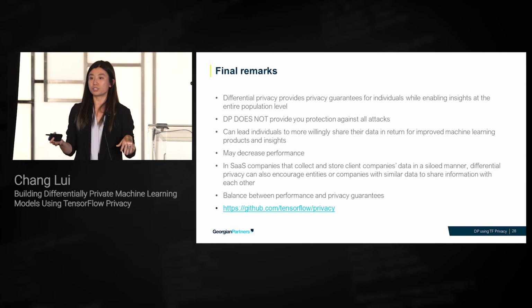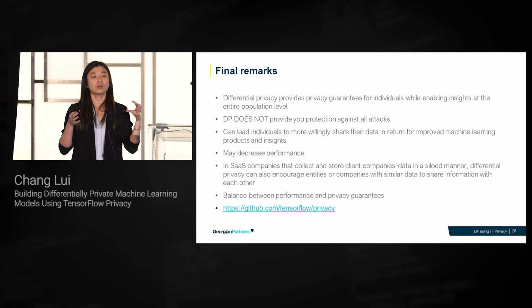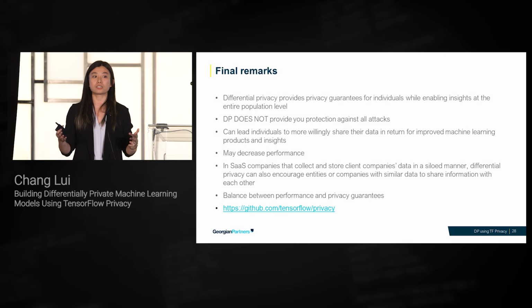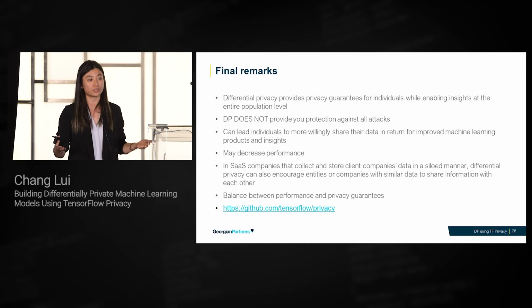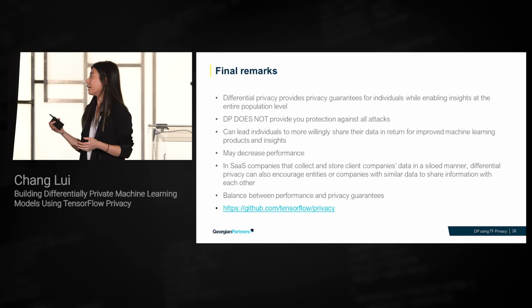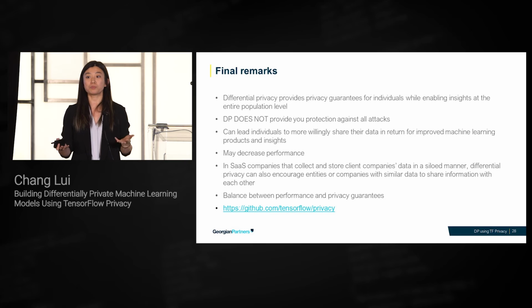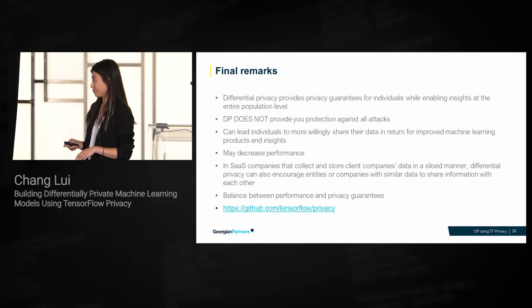But in SaaS companies where there's this cold start problem, even though the single model's performance may decrease, this actually opens up a lot of opportunities such as transfer learning and aggregation of data, and this will allow you to perhaps boost model performance.